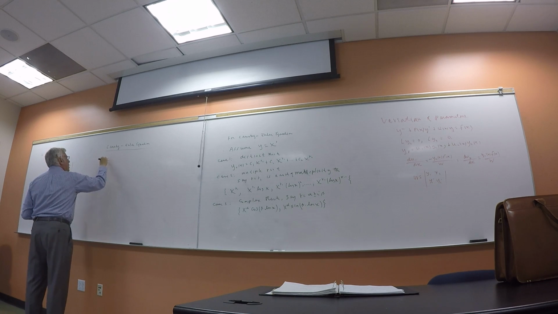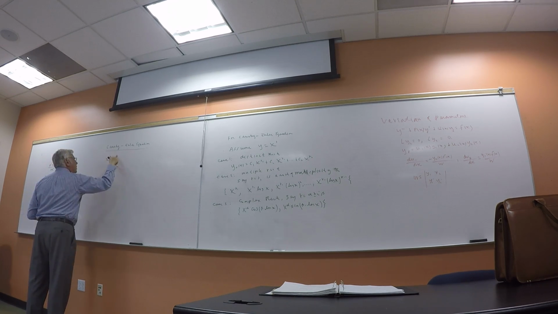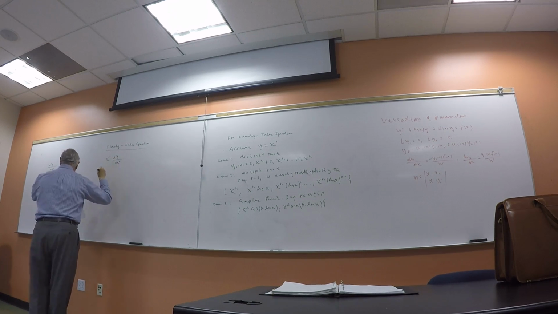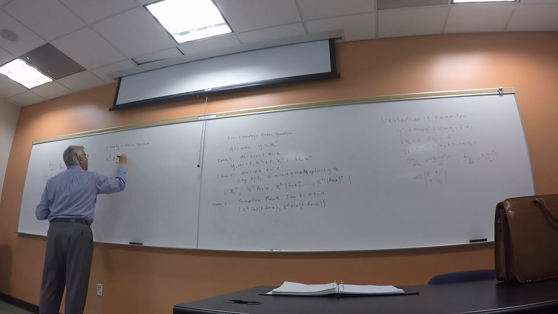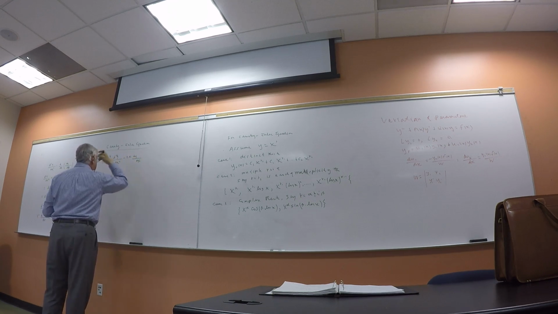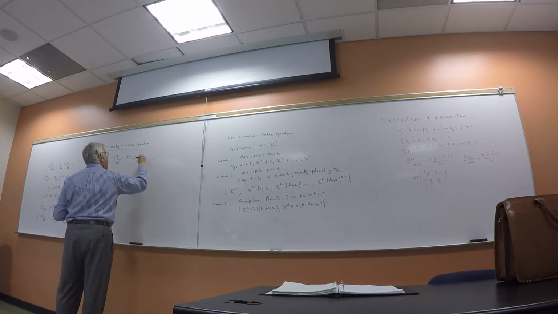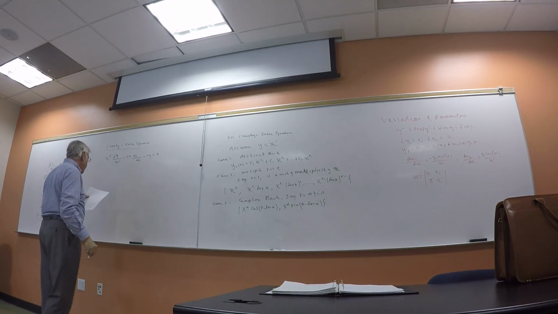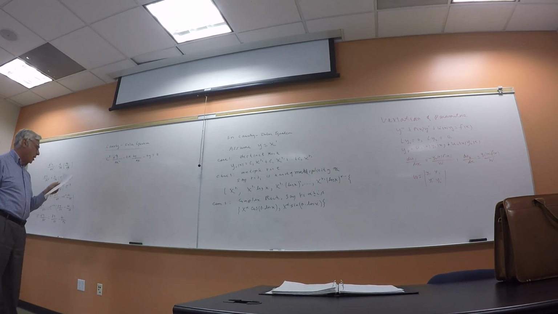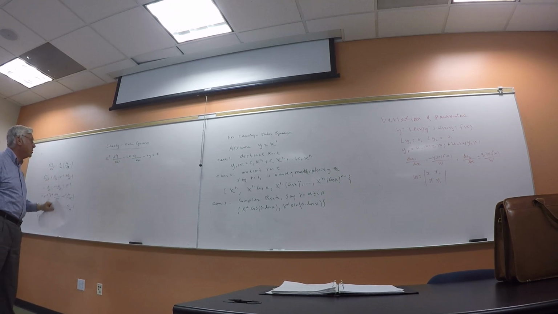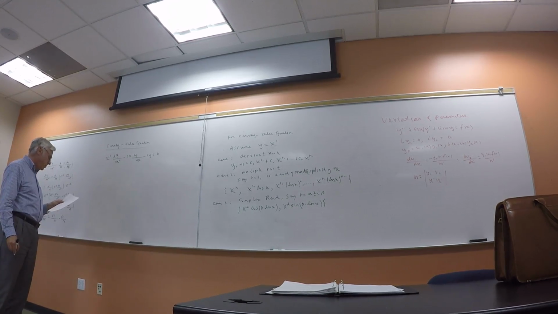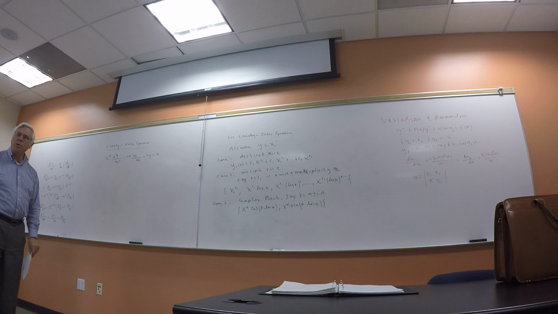Let's look at the following equation. x squared times the second derivative of y with respect to x, minus 2x dy dx, minus 4y equals 0. Okay? x squared y double prime minus 2x dy dx minus 4y equals 0. That's a Cauchy-Euler equation, right?